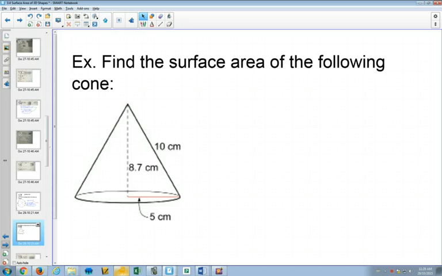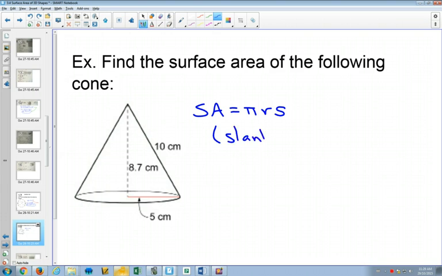It says find the surface area of a cone. Now when we go to our formula sheet and look at the cone, the formula is pi r s. Then it says on our formula sheet that this is the slanted side only.